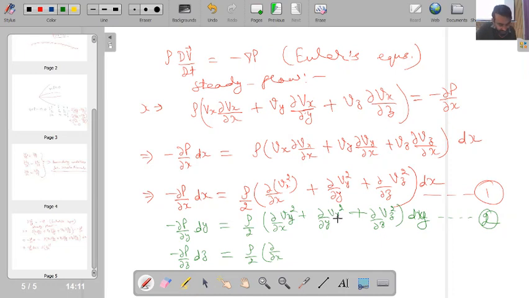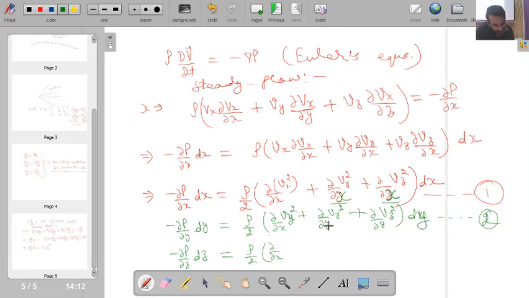In the first equation, the denominator is del x, all are del x.